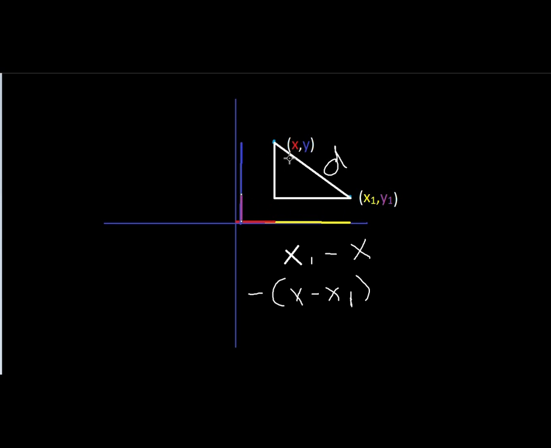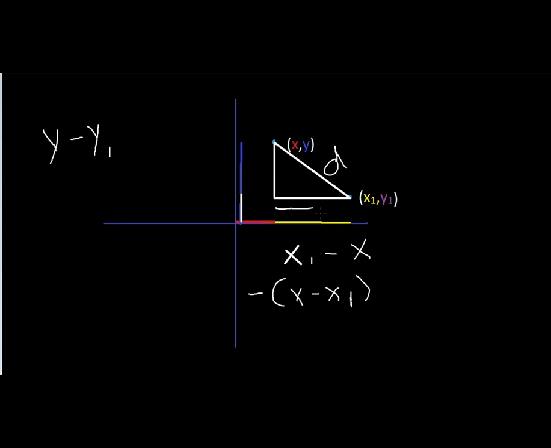So this blue distance is equal to this distance that we want to find, which is equal to y minus y sub 1. So let's go ahead and write that down. Y minus y sub 1.